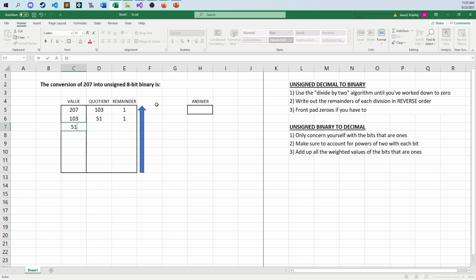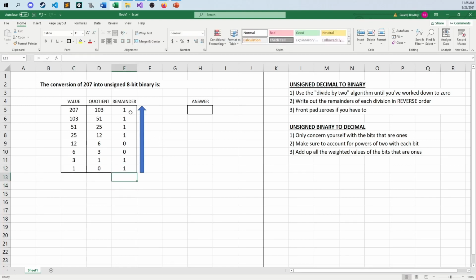All right, so maybe this gets a little easier now. 51 divided by 2, 25 remainder 1. All these odd numbers here, right? 25, 12 remainder 1. Oh goodness, will this ever stop? Let's see, 12, there it is. 6 remainder 0. 6 is 3 remainder 0. 3 is 1 remainder 1, and 1 is 0 remainder 1.